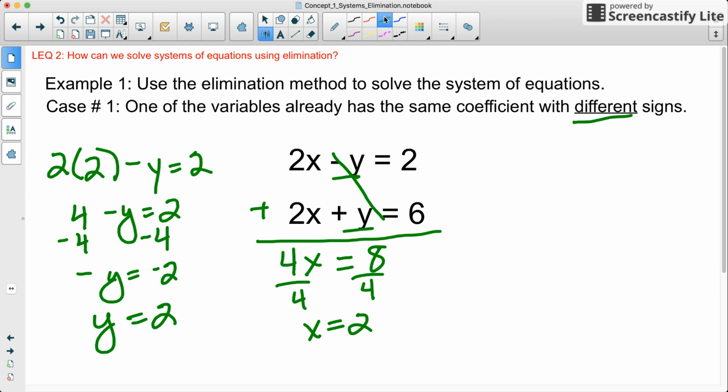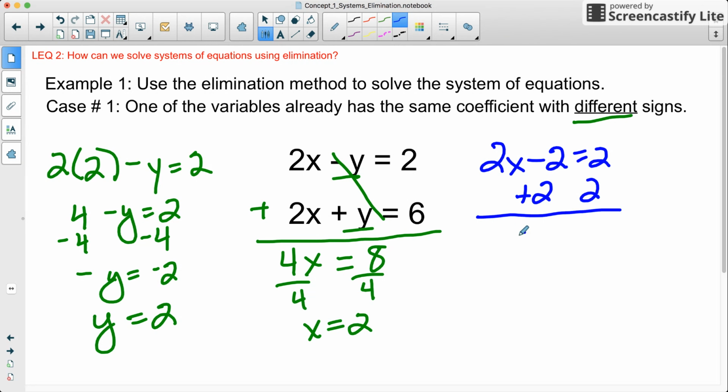So we found out what y is, but you know from yesterday that we need to determine x and y to find the point where these two lines intersect. So I'm going to take my y and I'm going to put it back into my equation. 2x minus 2 equals 2. I have to add 2 to both sides. 2x, this cancels out, equals 4.